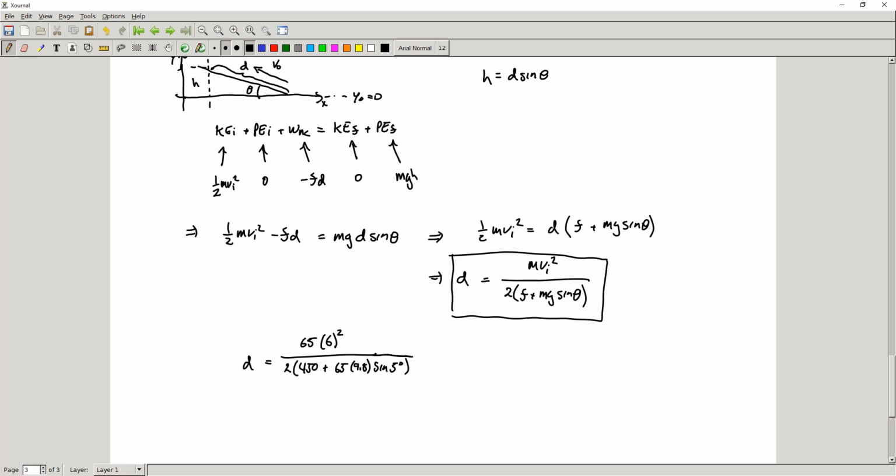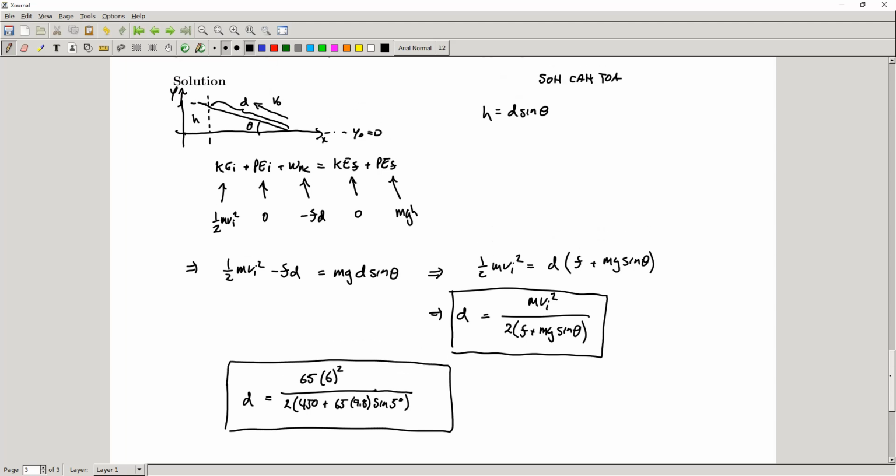If you plug all that into the calculator, I'm not sure what you would get. I better not guess. So just substitute that in and you'll see what the final answer is.